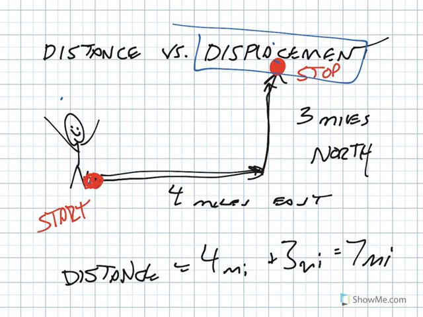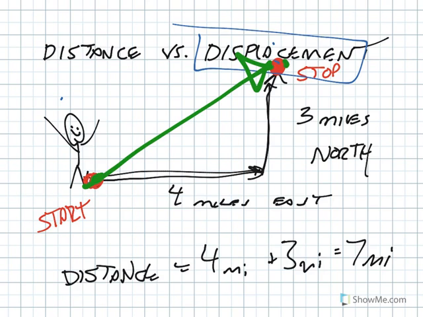To represent displacement with a little arrow, like I did here for distance, it starts where you started and ends up where you stopped. So your displacement is just the distance between where you stopped and where you started.